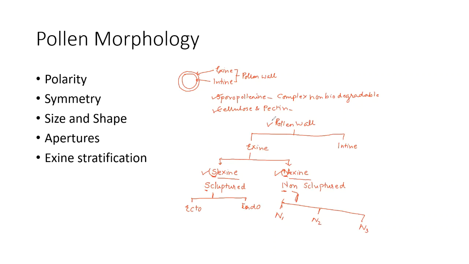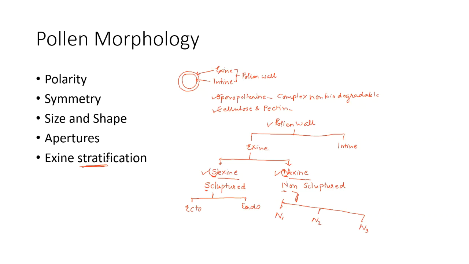Intine does not further show any differentiation, but it is the exine which is showing stratification. What is stratification? Strata, layers. So it shows the layering. Not only layering, but it will also show some kind of pattern as far as the outermost sexine is concerned. Okay, so exine is further differentiated into sexine and nexine.